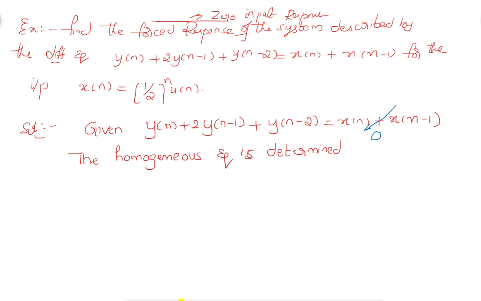Then my equation becomes y of n plus 2 into y of n minus 1 plus y of n minus 2 equals 0.